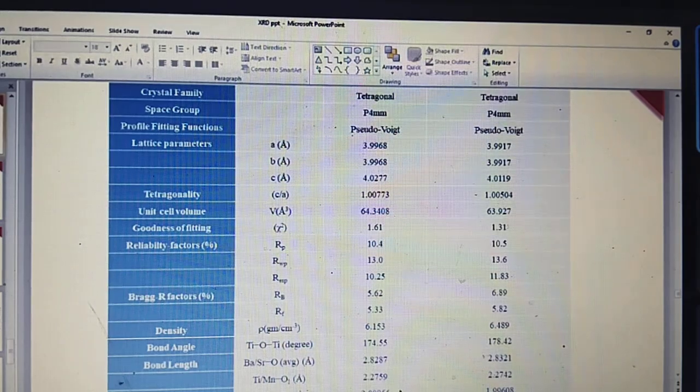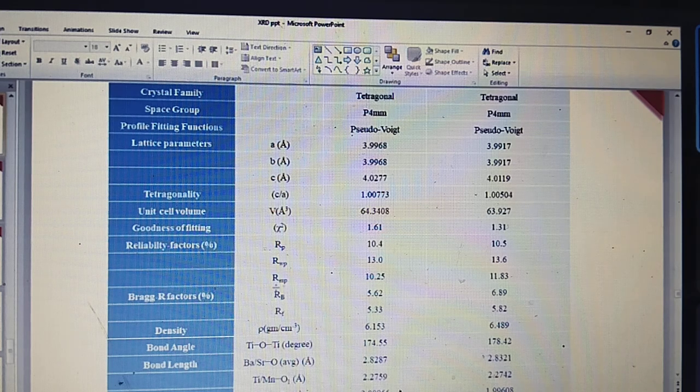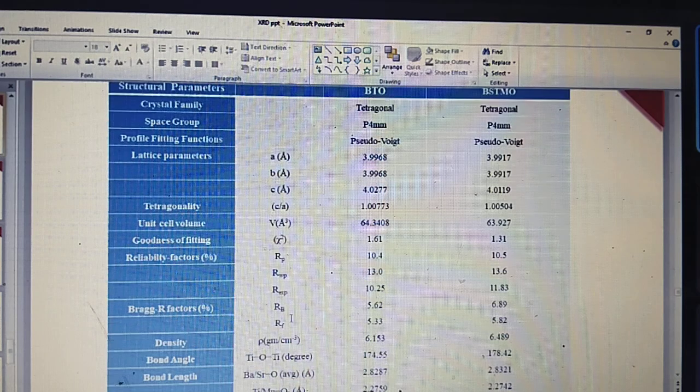Other parameters may not be so relevant to the structural analysis of the crystals. They may be useful for other things, but not for structural analysis. If you want to know the phases, then only we have to take into account these things which we are watching here.